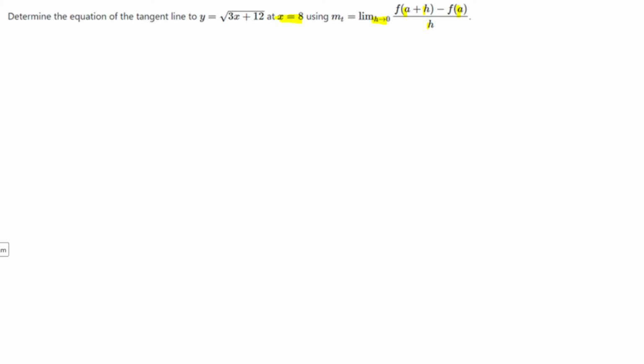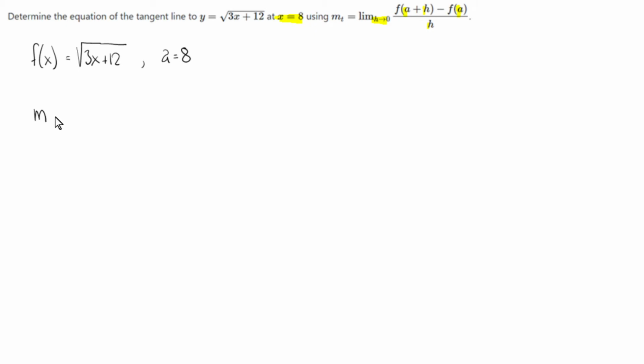So what we're going to do here is define f of x first. f of x is the function that we're given here: square root of 3x plus 12. We have a equal to 8. And so now we can plug it into the expression that we're given.